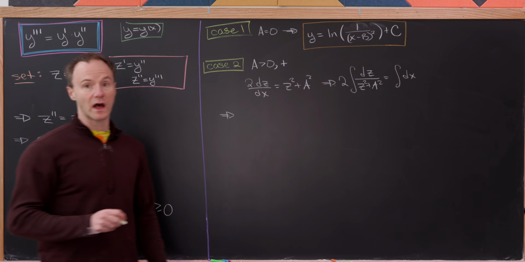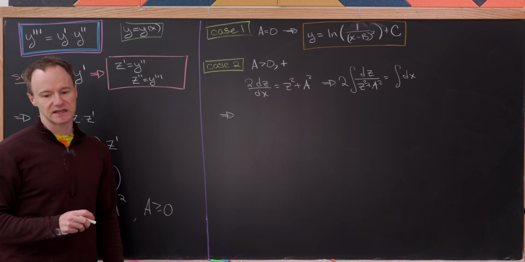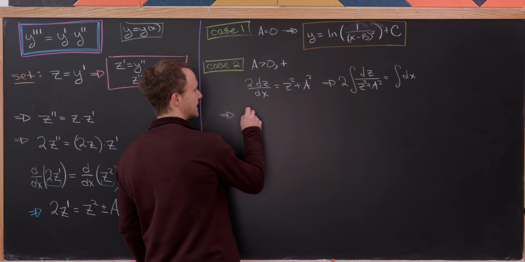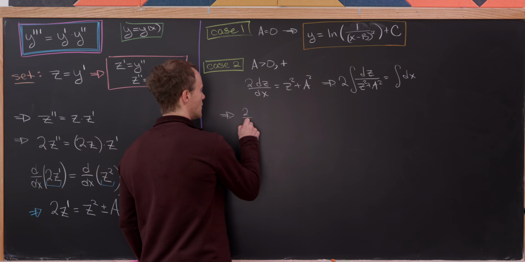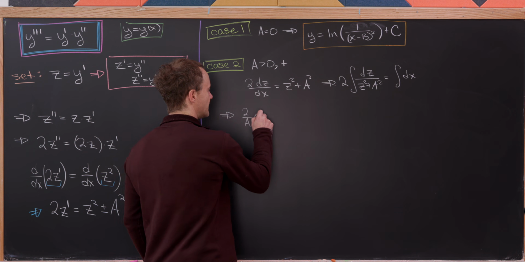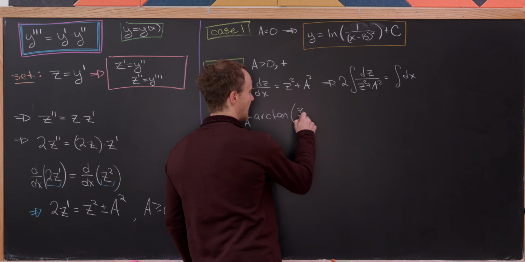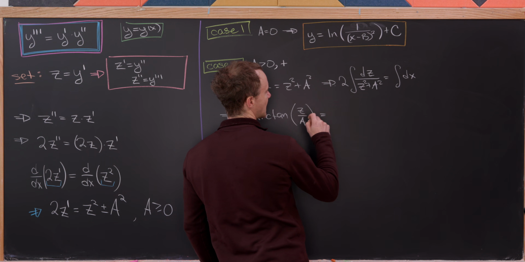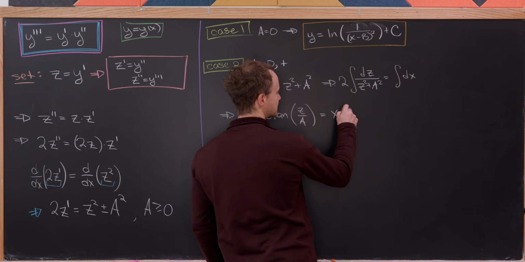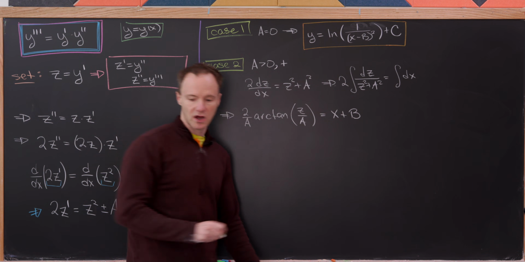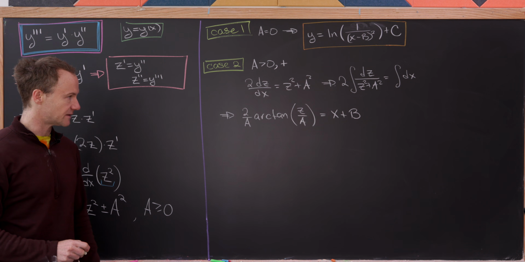Well, there's a well-known antiderivative for this left-hand side, so let's just recall what it is. So it'll be 2 over a, and then we have the arctan of z over a. And then for the right-hand side, we'll have x plus a new constant, which we'll call b.